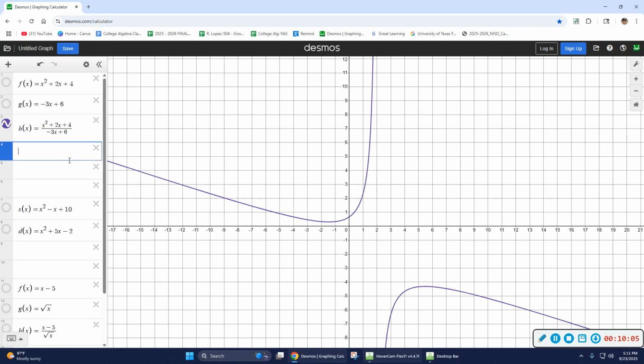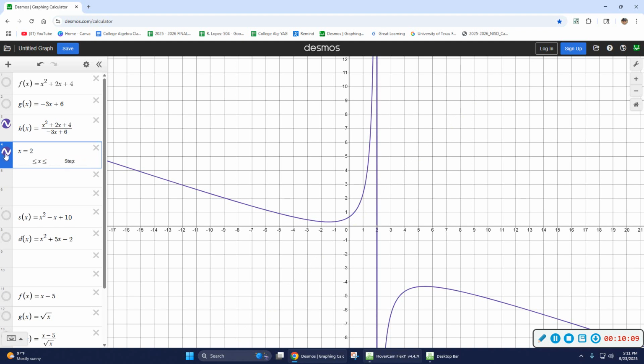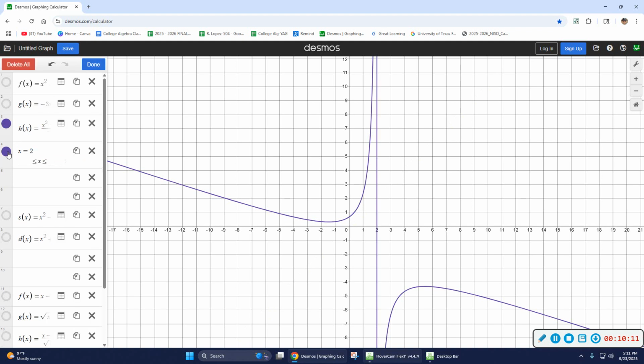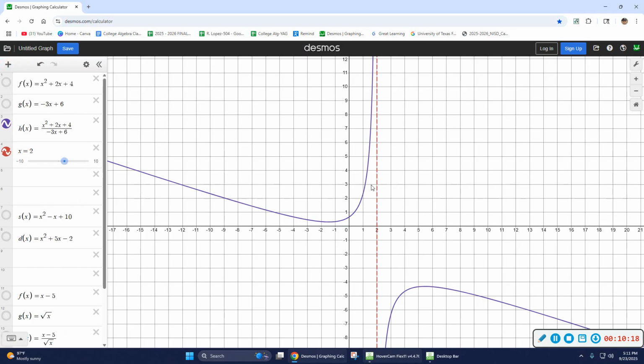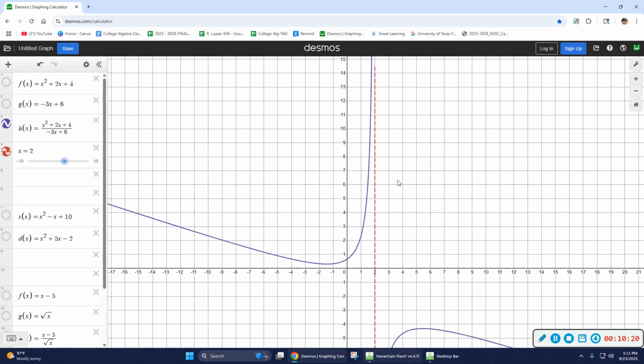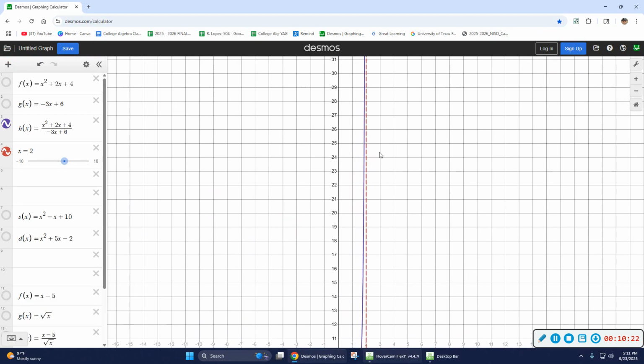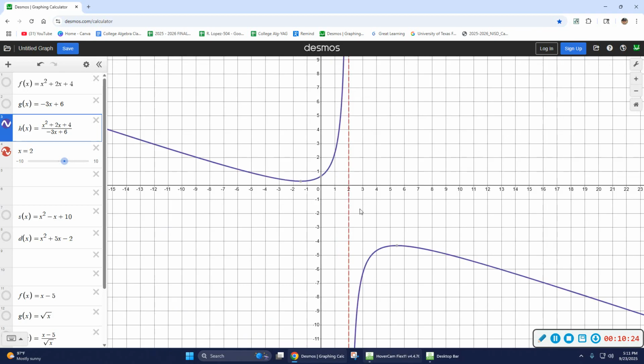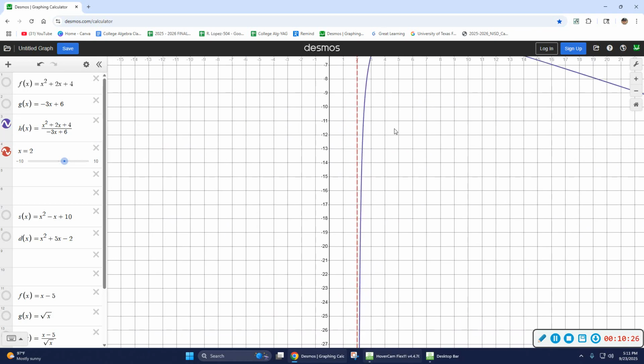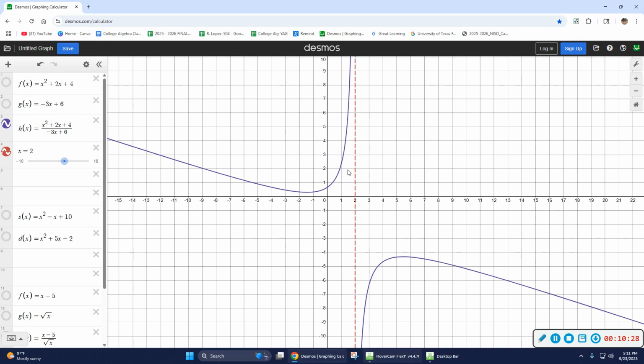What if x equals 2? Let's change the color here so we can see a little bit better. When x equals 2, does it ever reach that value? No. This imaginary axis that I just drew in, I can take it off.